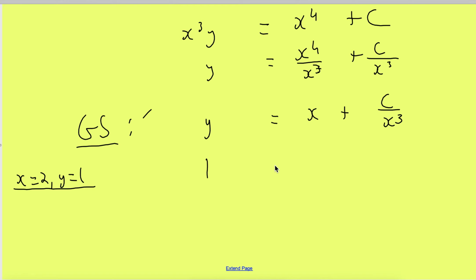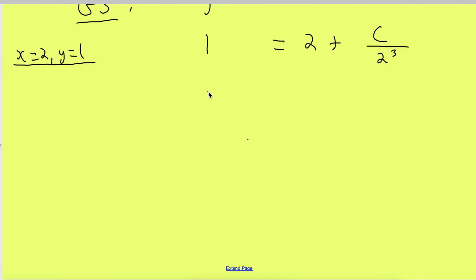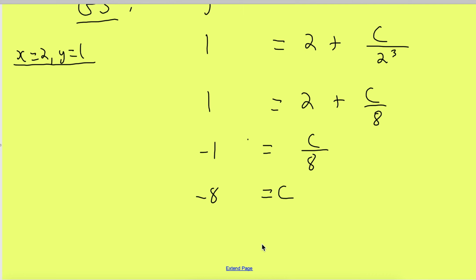So 1 equals 2 plus c over 2 cubed. Okay. So 1 equals 2 plus c over 8. Right, so I'm going to move that 2 over. So negative 1 equals c over 8, and then multiply that by 8. So that's negative 8 is equal to c.